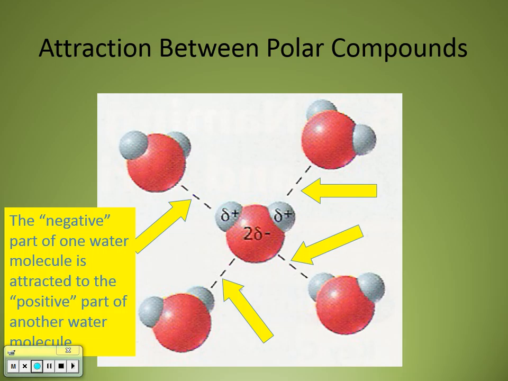Notice how they're lining up though. The oxygen side flips itself around so that it's facing towards the positive. The oxygen side is the quote-unquote negative side, right? Flips itself around so that it's facing towards the quote-unquote positive side of the other water molecules, right? Good there? Right. So, let's talk about oxygen and why it's weird.